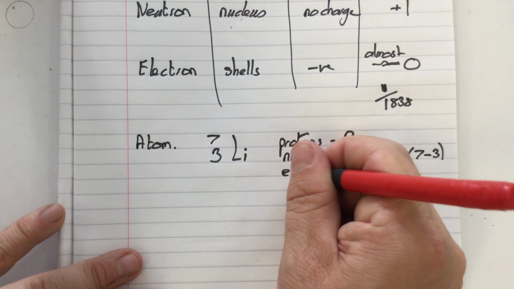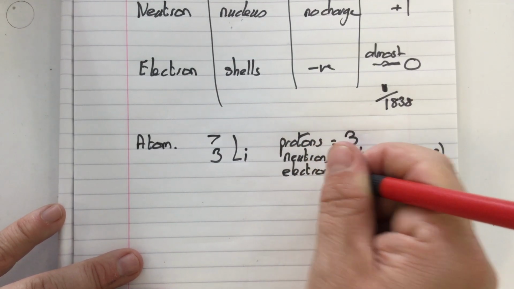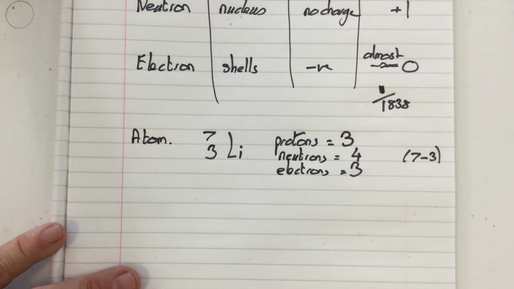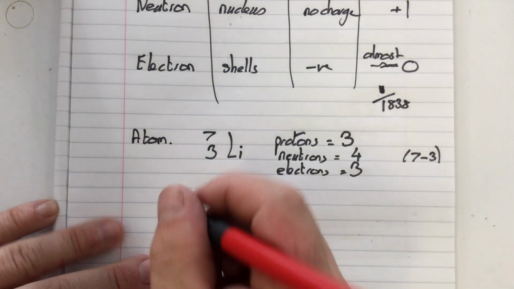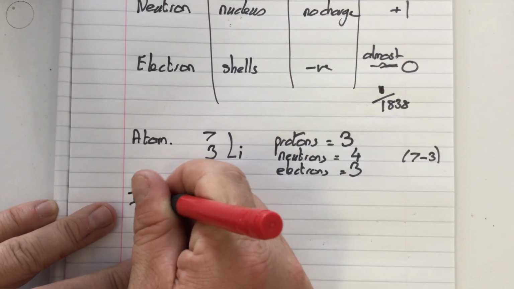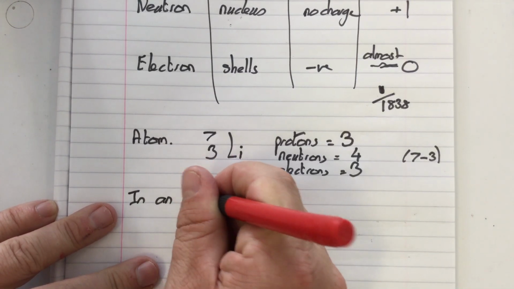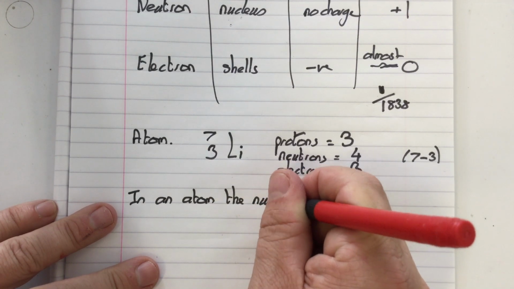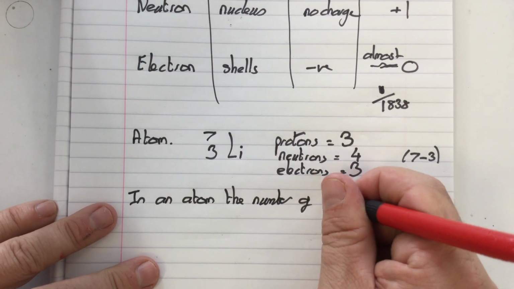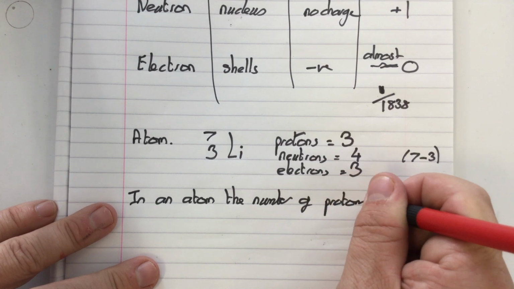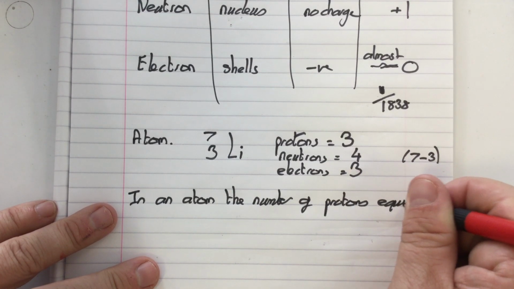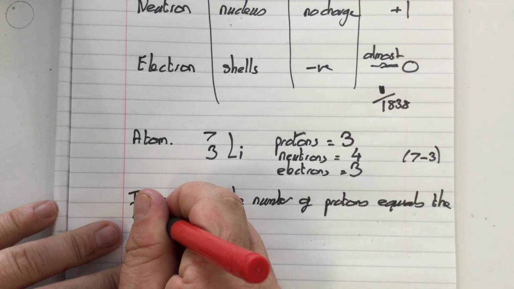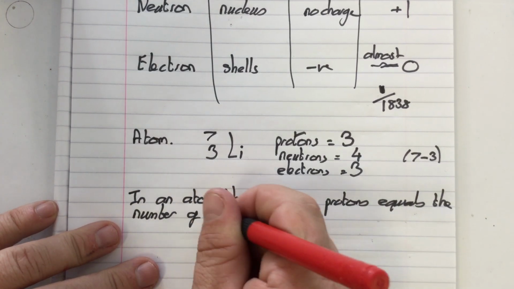And how many electrons are there? 3, because the number of electrons is always the same as protons. So in an atom, the number of protons equals the number of electrons.